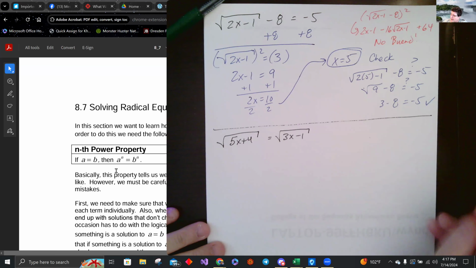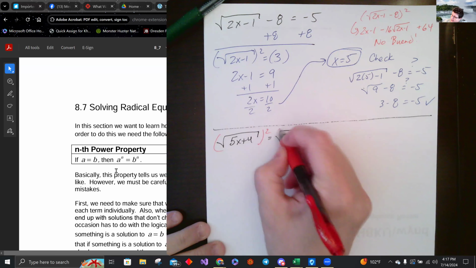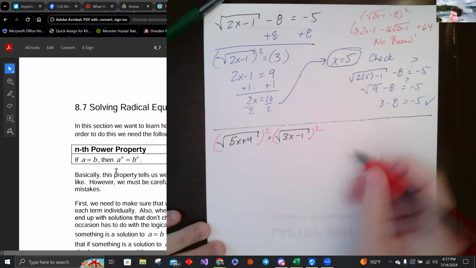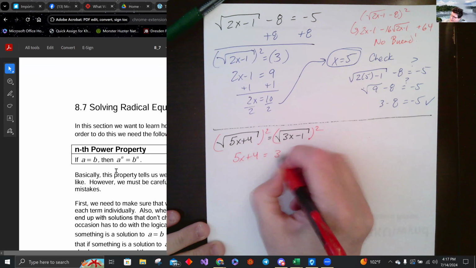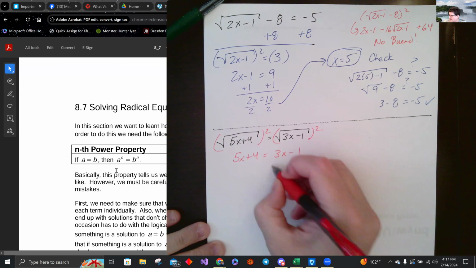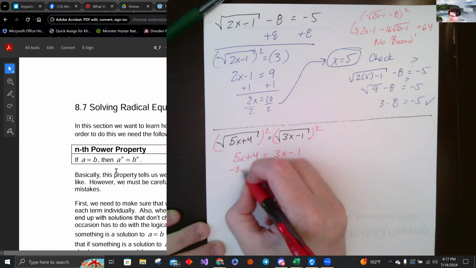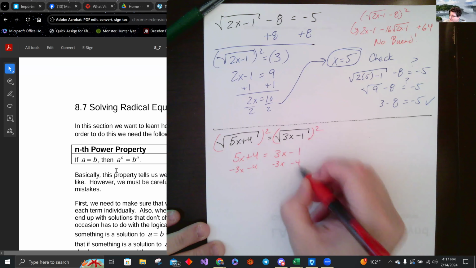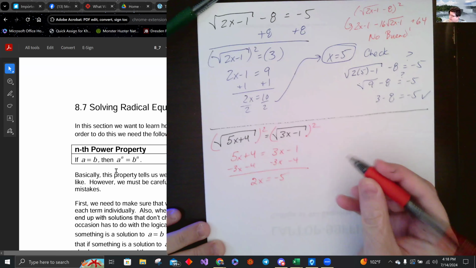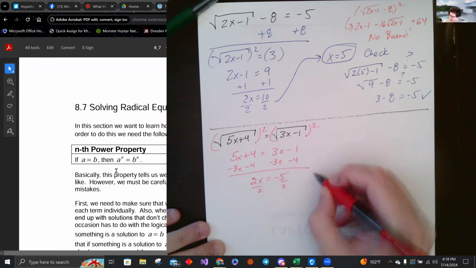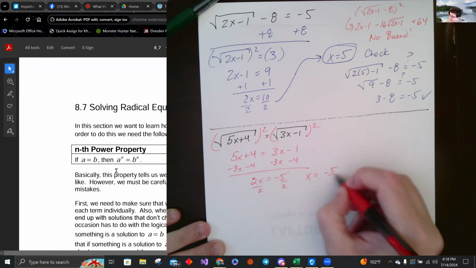When you square both sides, it goes away on both sides. And we get 5x plus 4 equals 3x minus 1. I will move my x's to the left and my constants to the right. I get 2x equals negative 5. Divide by 2, and I get x equals negative 5 halves.